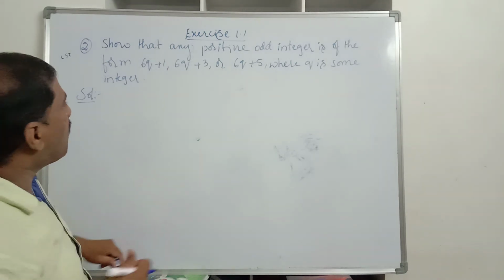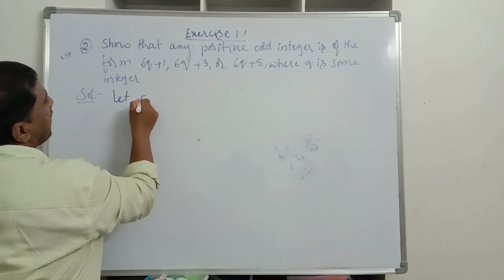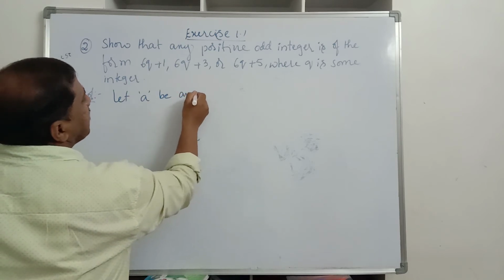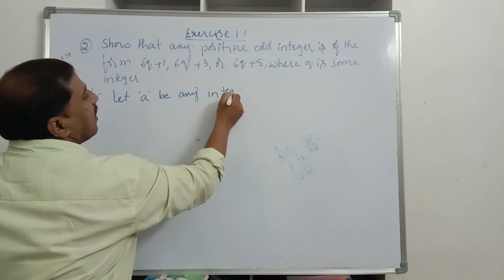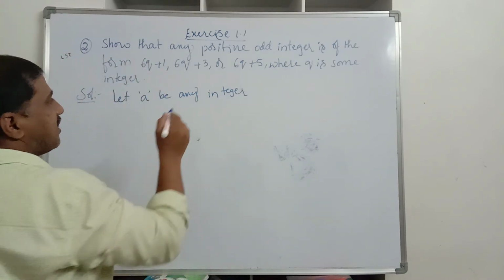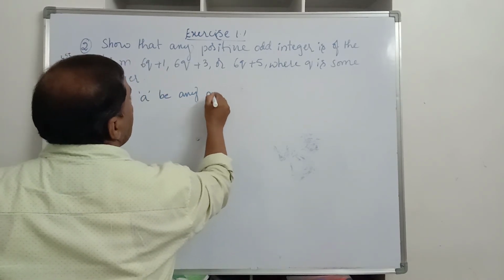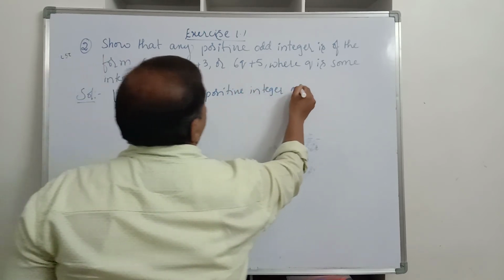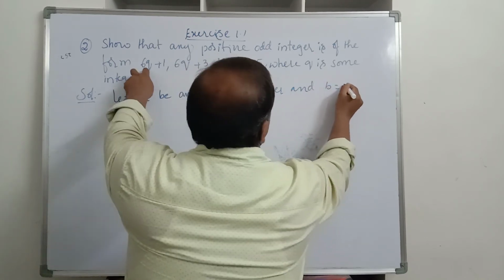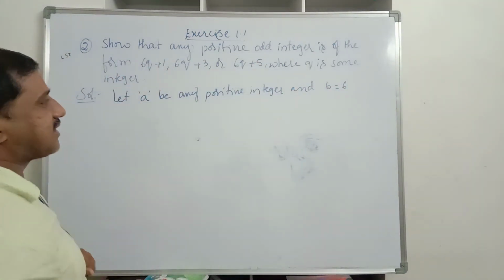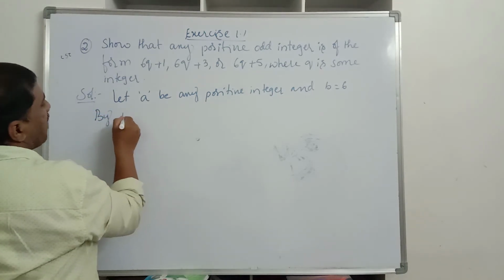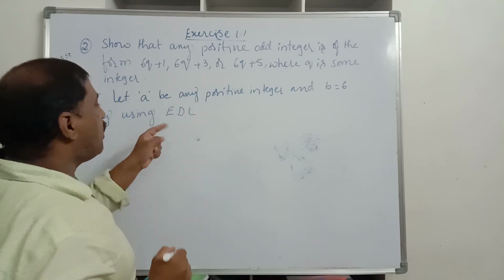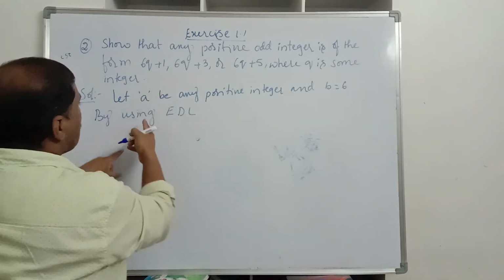Now let a be any positive integer, and b equals 6. By using Euclid's division lemma, what can we write?